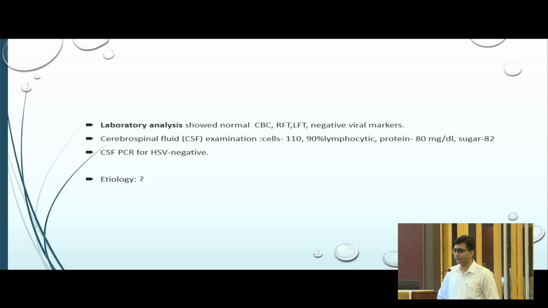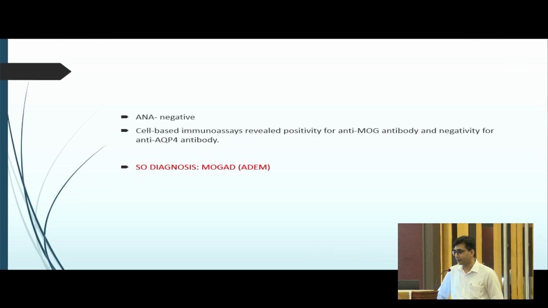So we thought the first possibility is inflammatory or autoimmune myelopathy or disseminated encephalomyelopathy. ANA was negative. So we sent the serum anti-MOG antibody, which was positive, and the anti-aquaporin antibody, for NMO, was negative.